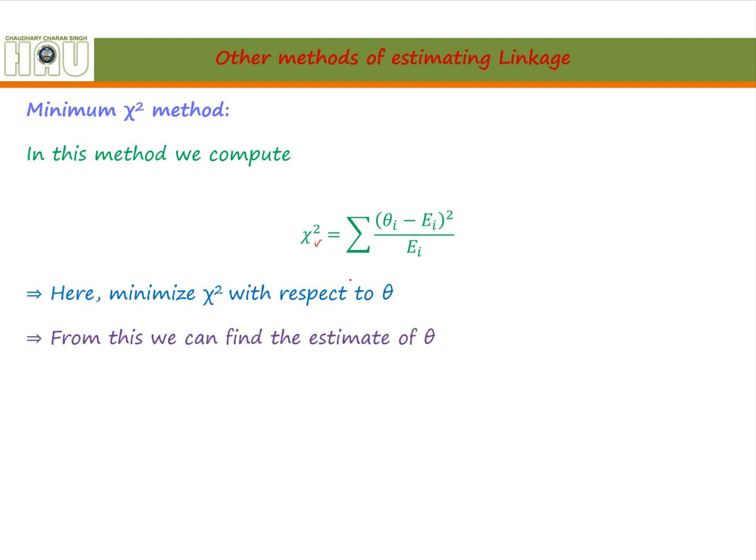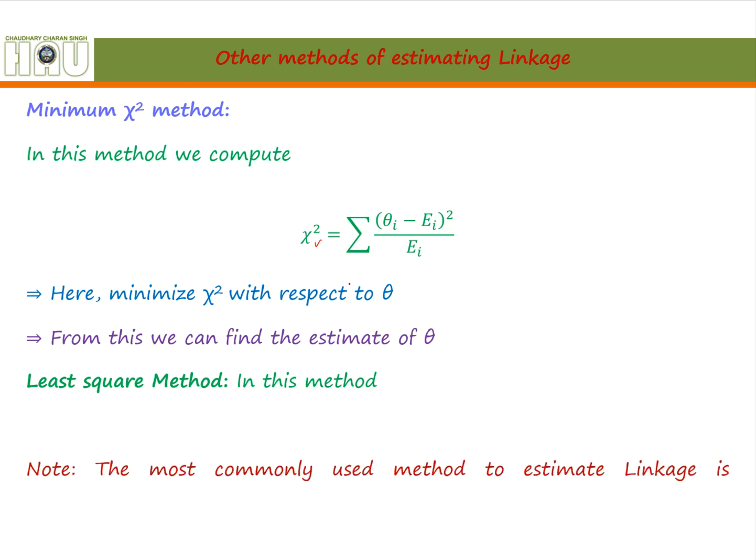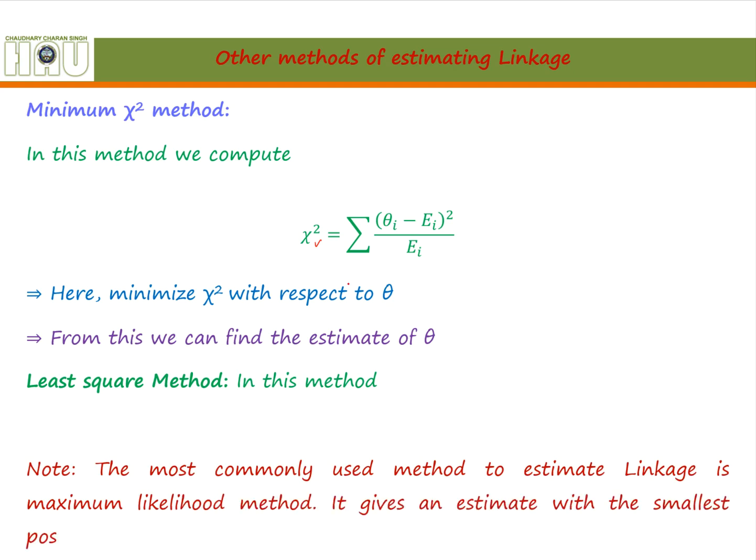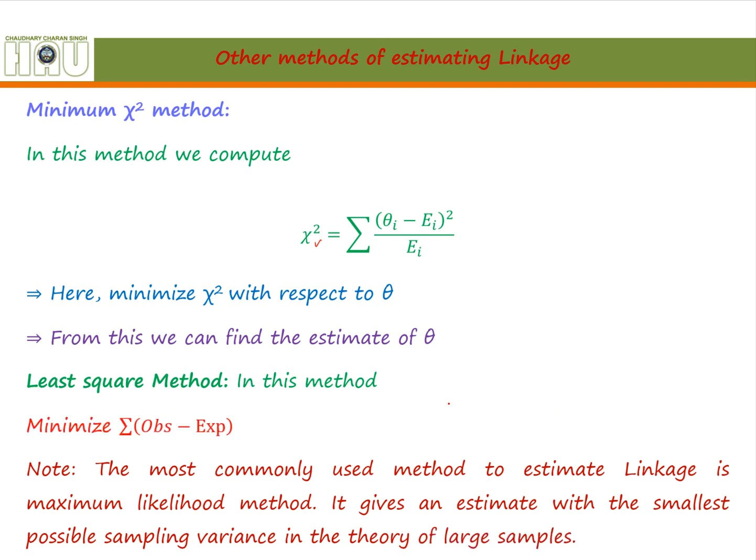There is one more method, which is known as the least square method, which is a commonly used method to estimate linkage. In the least square method, we minimize observed minus expected whole square, then find the value of theta.